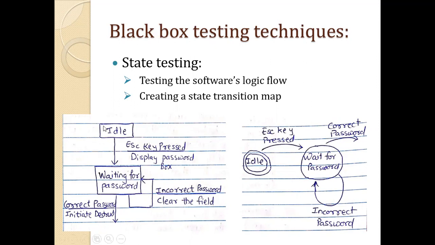So for example here, if you are waiting for the password, first of all it will be in the idle state. Escape key pressed, display the password box, and it will wait for the password. If you enter an incorrect password, then again clear the field and wait for the password.